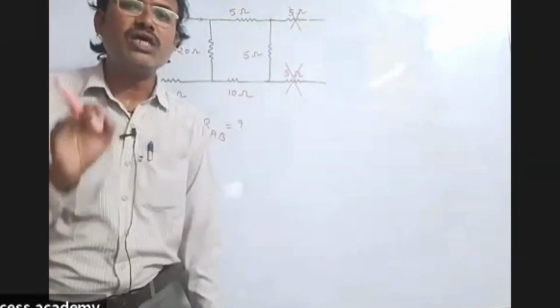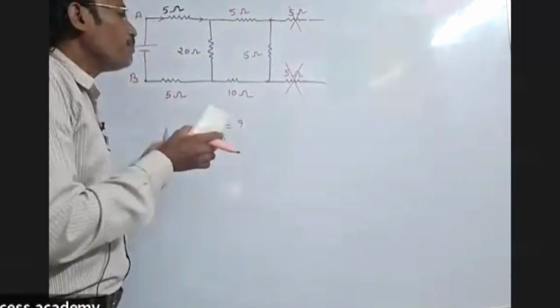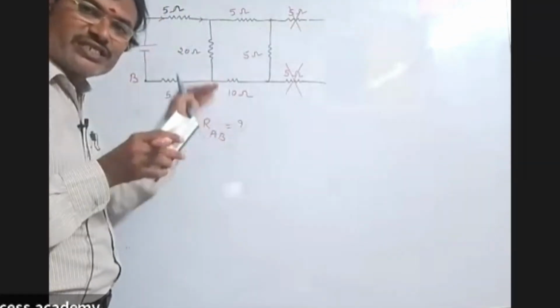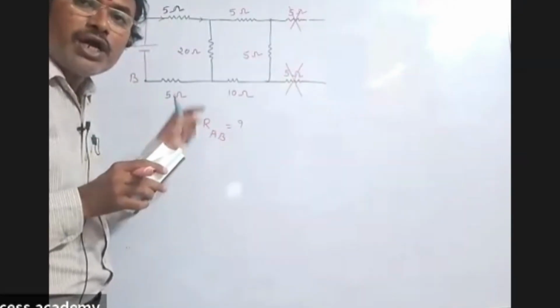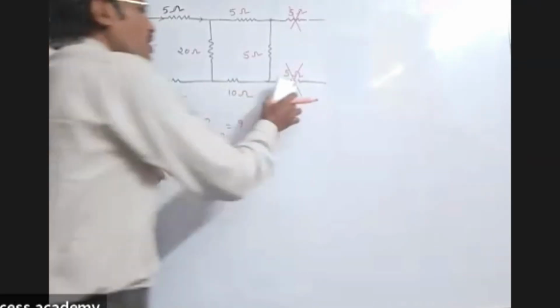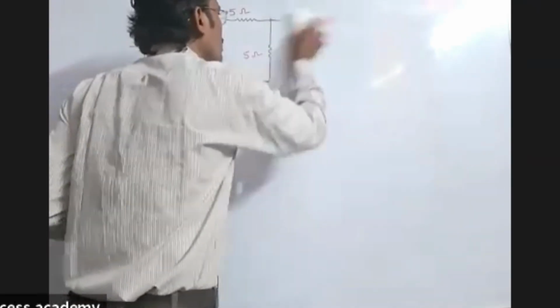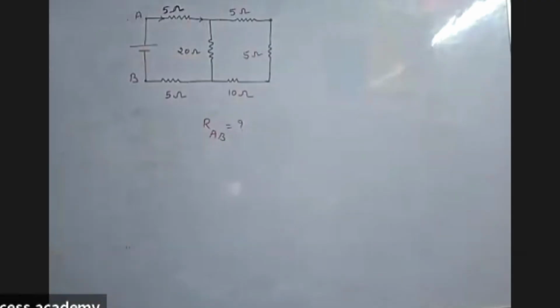With those two resistors, no use. So I am removing those two resistors from the circuit. Already I said the reason: because those two are under the open circuit, and in an open circuit no current flows. So I removed those two.